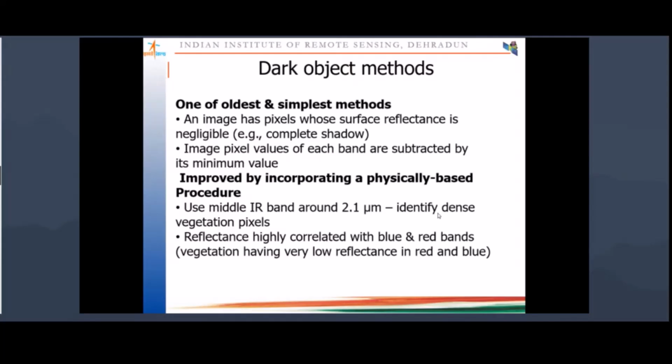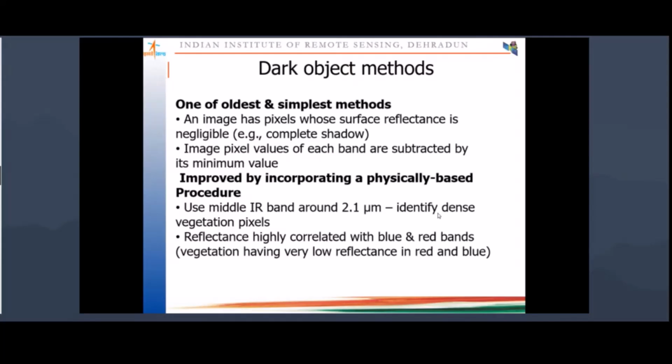So what assumptions did you make? Number one, the effect of haze was additive in the entire image. Number two, you assumed that this effect of haze was homogeneous or was evenly distributed in the entire image.